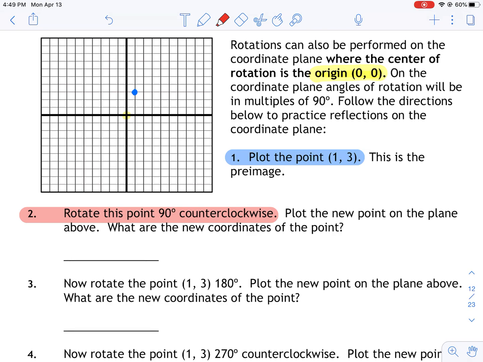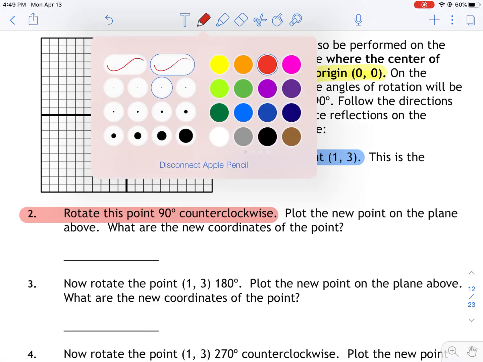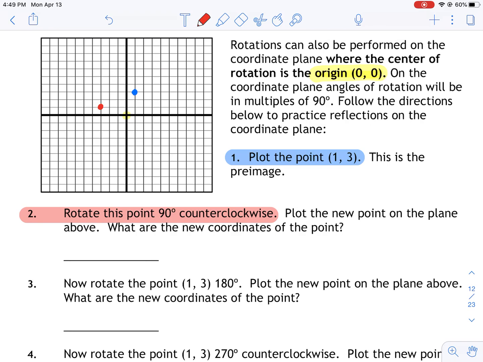Actually turn your iPad or your paper, whatever you're using to work this on, 90 degrees counterclockwise, according to the supplemental video that I sent about how to do these physically. If you do that correctly, you will find that you have the point -3, 1, right there. So that is a 90-degree counterclockwise rotation.